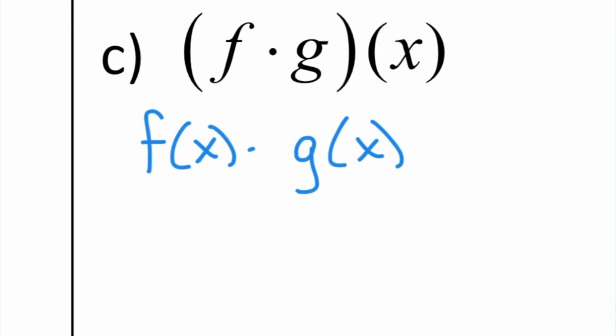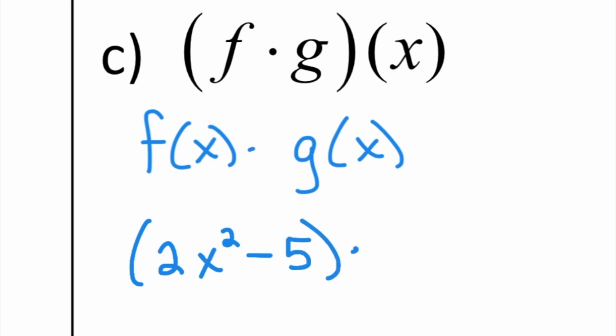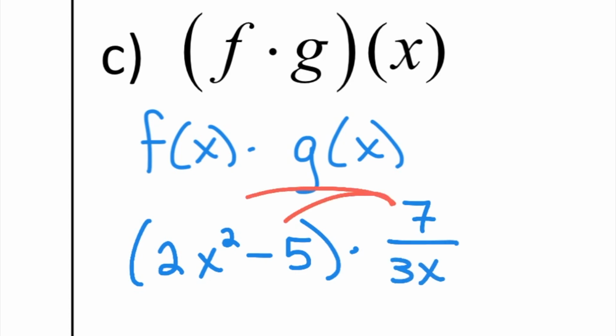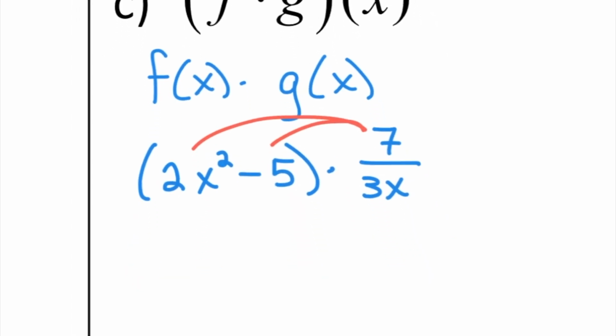And so the f of x is going to be the 2x squared minus 5, and you're multiplying that by the g of x, which is 7 over 3x. And again, I'm going to distribute that ugly fraction to both terms inside the parentheses.